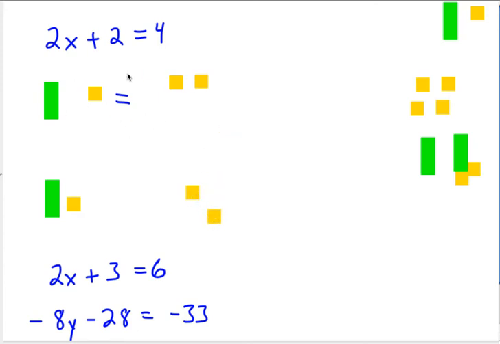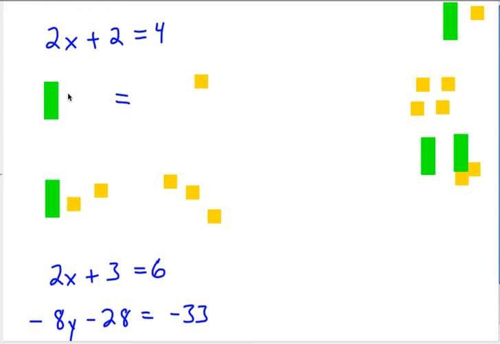So this would be a division by 2, and I would have x plus 1 equals 2, because everything would have to be divided by 2. And that works out fairly nicely in this case. Now I can just subtract a yellow from each side, and I end up with x equaling 1. Okay, and you can check it. 2 times 1 plus 2 does equal 4.